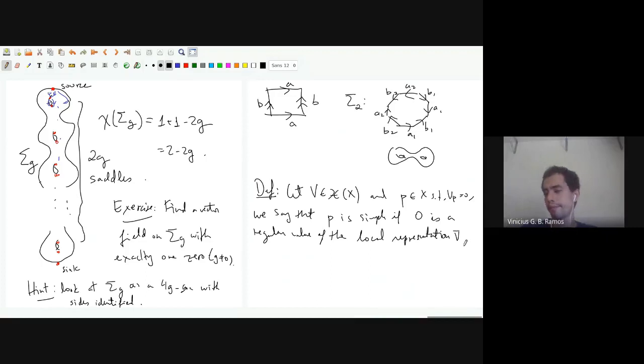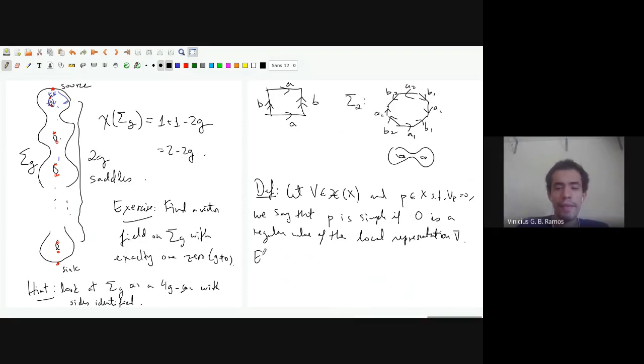V bar. Okay, so if there is a chart where zeros are, when you look at the local representation, 0 is a regular value. It's kind of obvious that it's true for every chart.